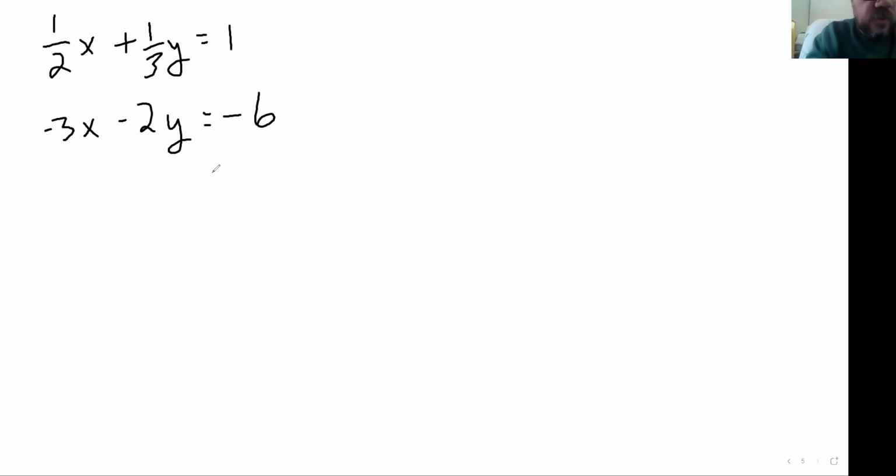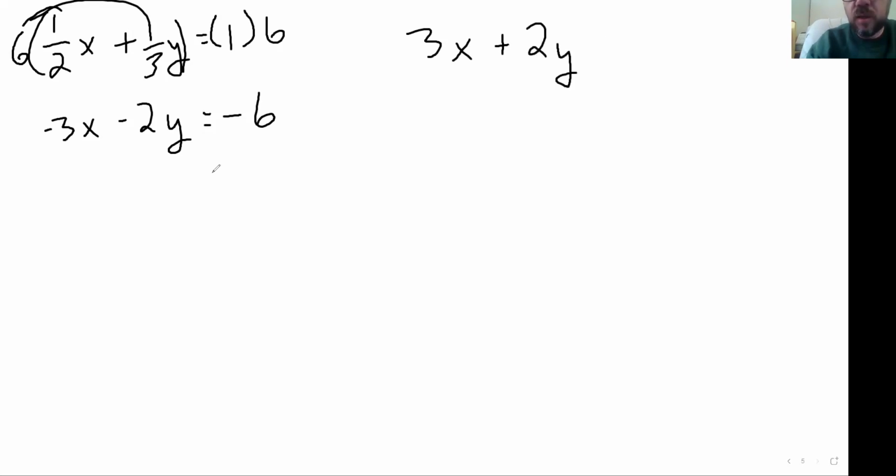So if I multiply the top equation by 6, and don't forget to do the right side, by the way. It's super easy to just multiply the left side by 6 and then forget about the right. Don't do that, of course, it'll ruin your problem. So the 6 gets distributed here. Half of 6 is 3, so I get 3x. And 1/3 of 6 is 2, so it's 2y equals 6.